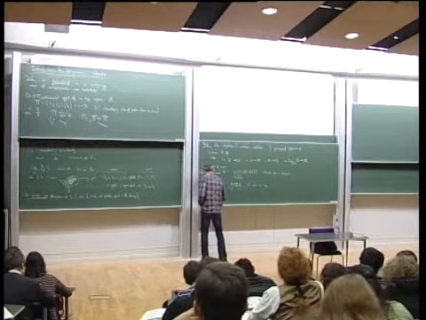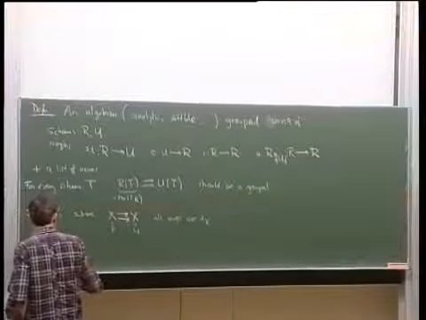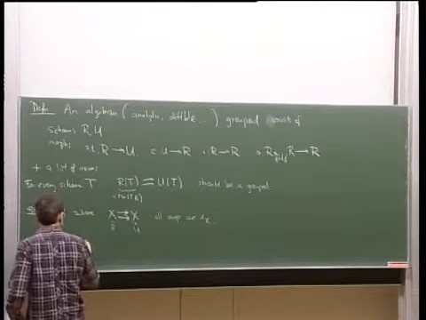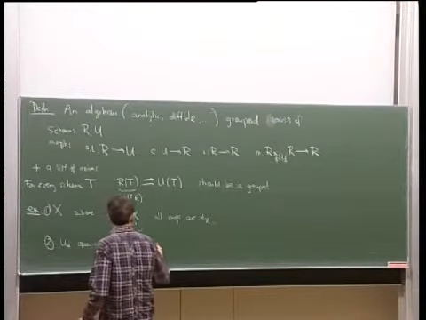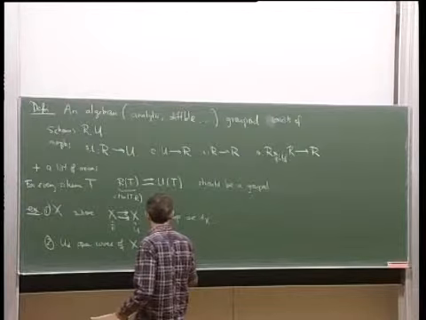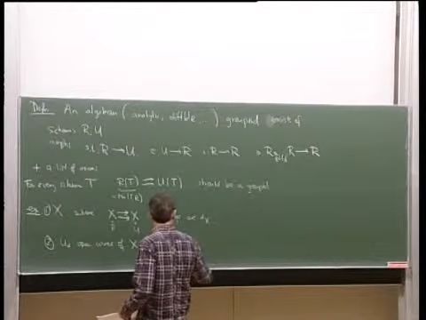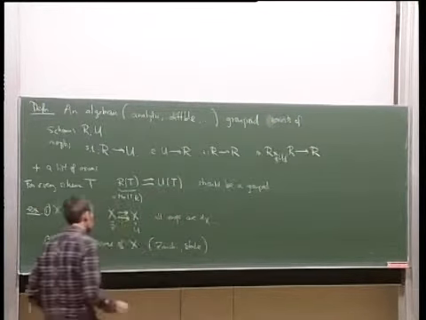More generally, let's say U_alpha is an open cover of X, Zariski or étale.